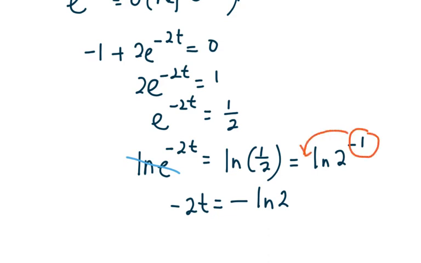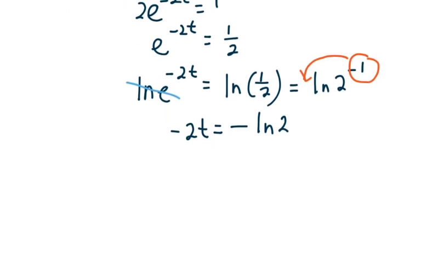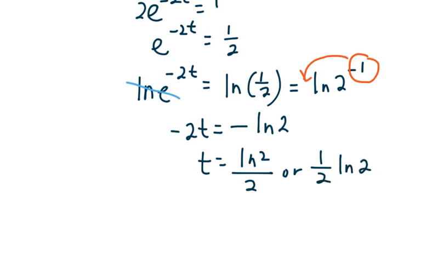Since both sides are having a negative sign, we can simplify and cut it off. So you're left with t equals to ln 2 over 2, or you can even write your answer as 1 over 2 ln 2.